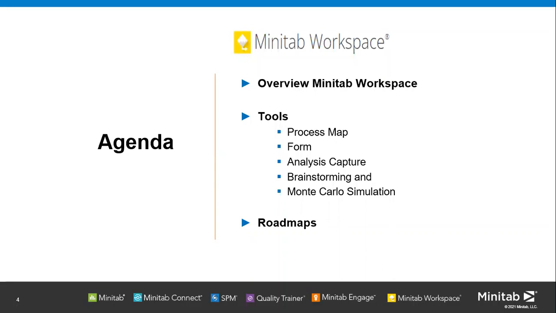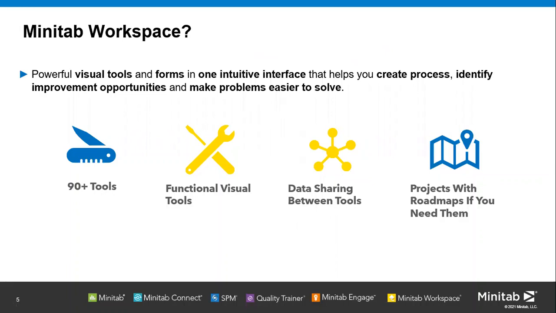So you are able to open Workspace as tools and as a roadmap. This is something like visual tools and forms in one package that help you maybe create your own process. You want to identify your improvement opportunities, and then maybe you can solve your problem with easier steps.